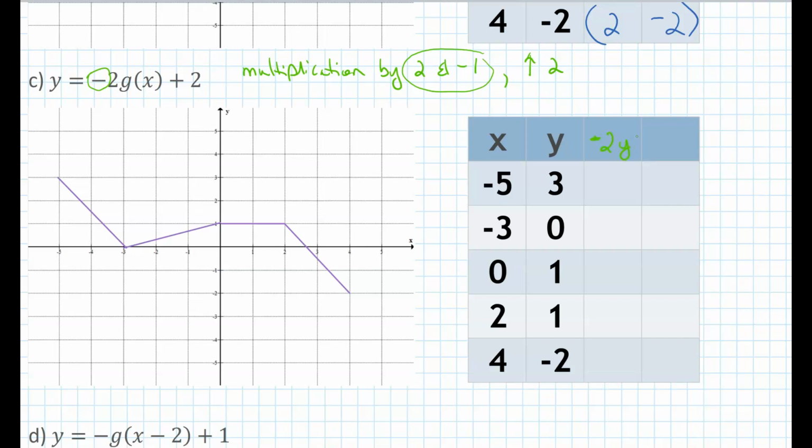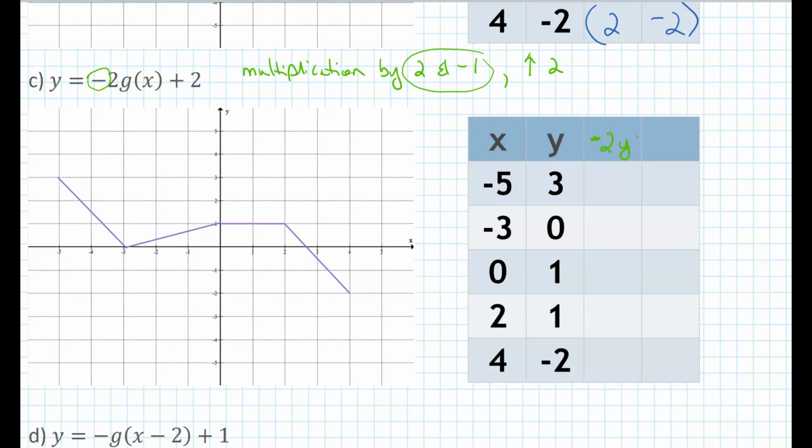I'm a little confused what the g is doing there. The g is the original function. G of x is the original function. Oh. So that's that linear piecewise function. And then we're applying the transformation to it. But you're using g of x, and there's already a y in the problem, so I'm confused why there's 2 y's.